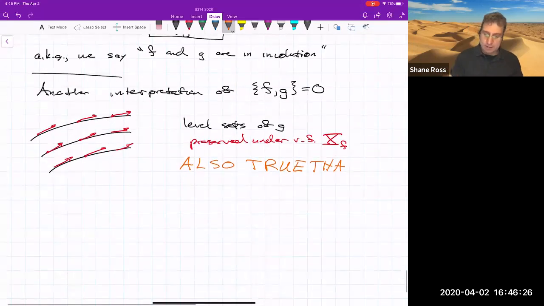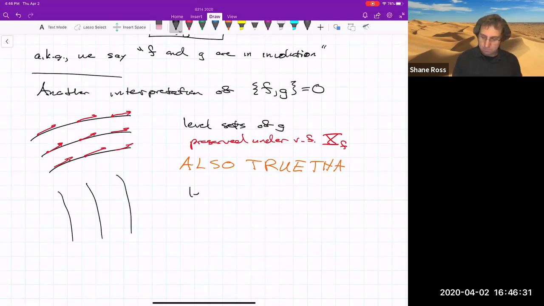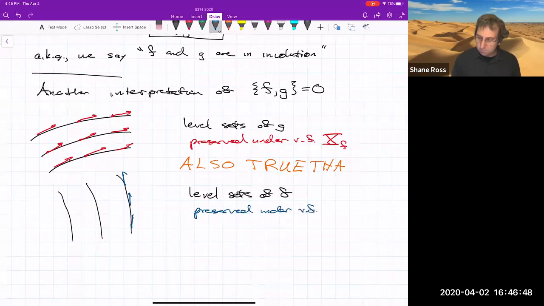Because I could have level sets of F, and they're preserved under the Hamiltonian vector field generated by G. So that brings up things like, what's the real Hamiltonian vector field? Well, we'll get to that next time, I guess.